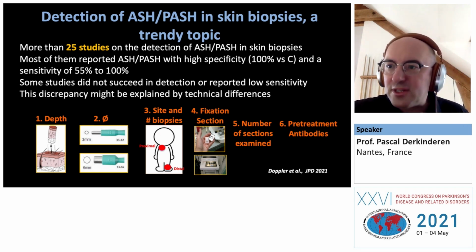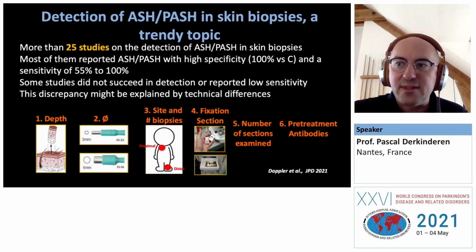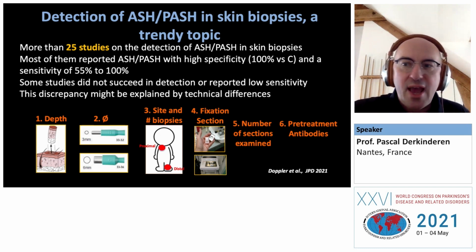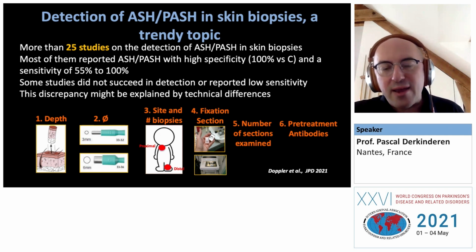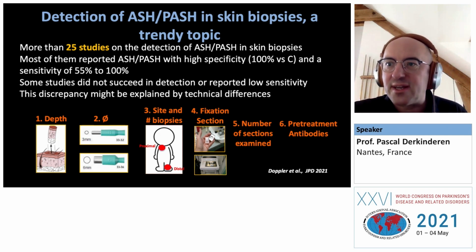It should be mentioned that a couple of studies did not succeed in the detection of pathological alpha-synuclein, or they reported a low sensitivity. Such a discrepancy might be explained by technical differences.